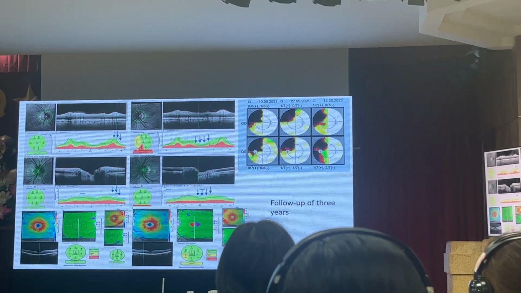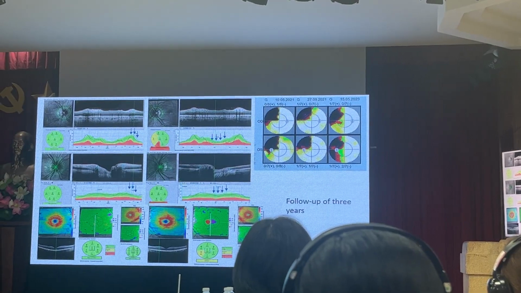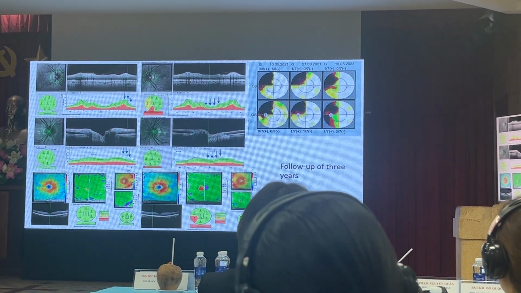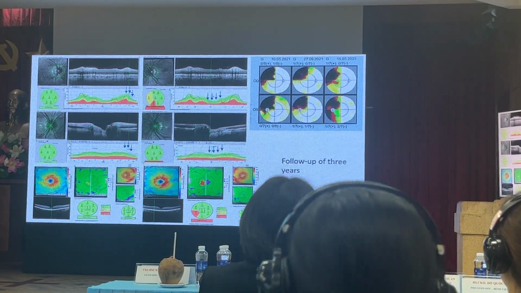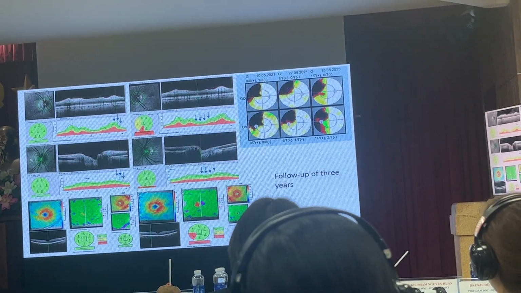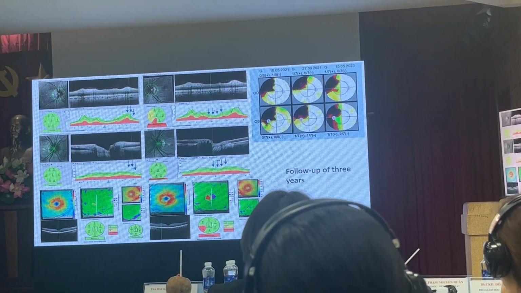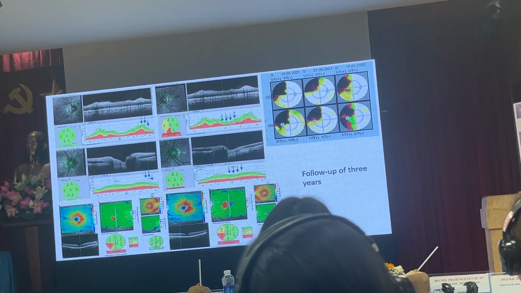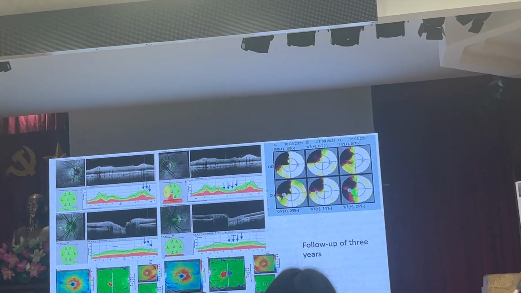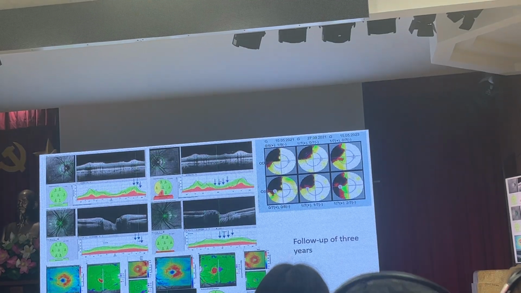When we look at the ganglion cell development, this is the right eye, this is the left eye. We realize that on the right-hand side, the ganglion cells start to get thinner. The already affected area on the left-hand side becomes larger, still larger over time, also crossing the middle line.